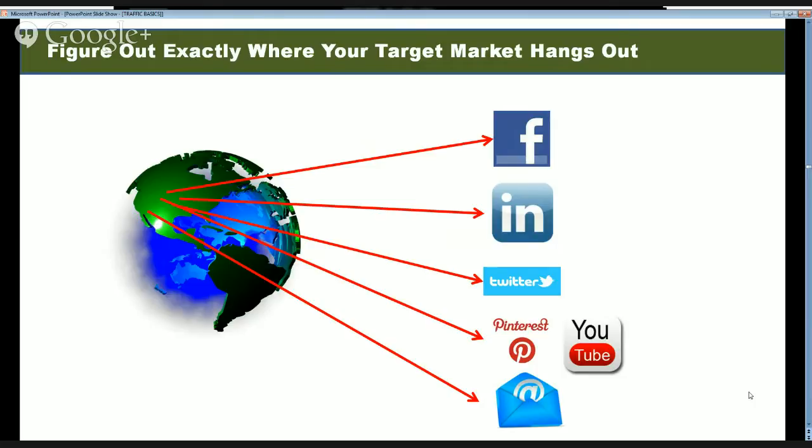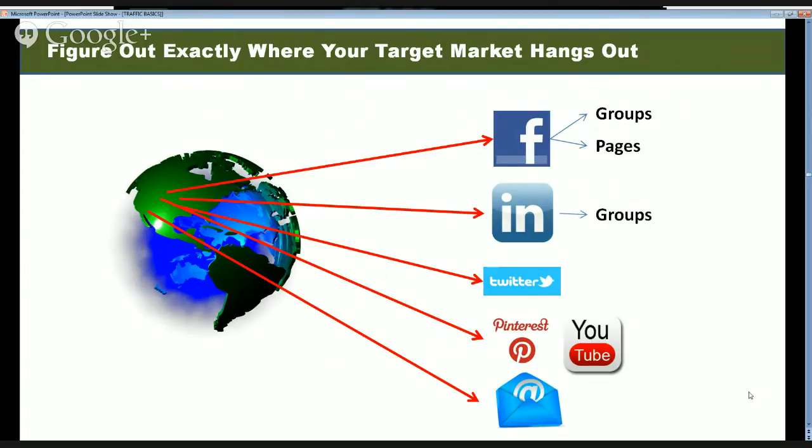But what you've got to do is to figure out exactly where your target market, where your avatars hang out on the internet. And each of these sources has its own unique characteristics. In Facebook, you can look at the different groups and pages to figure out where your target market is.